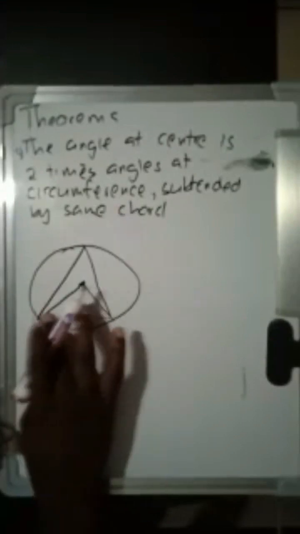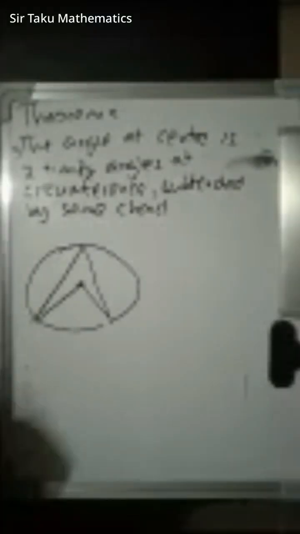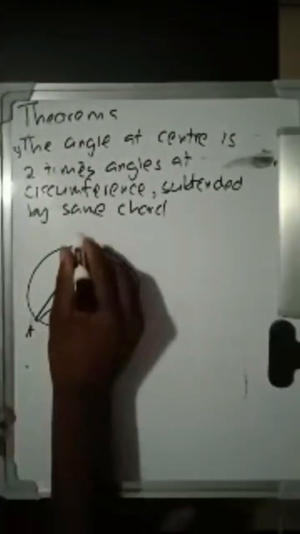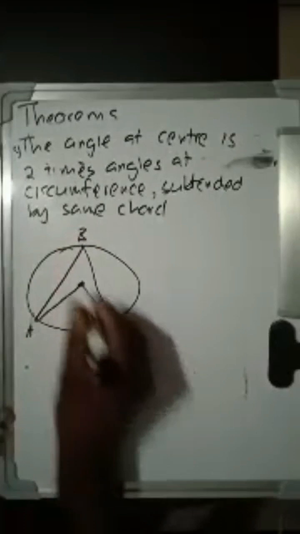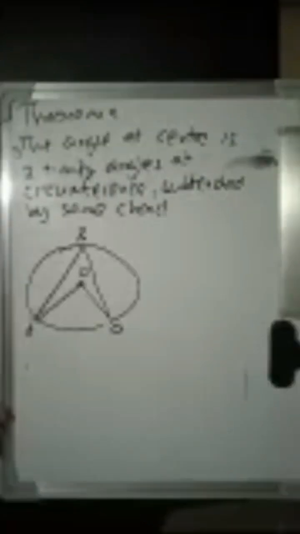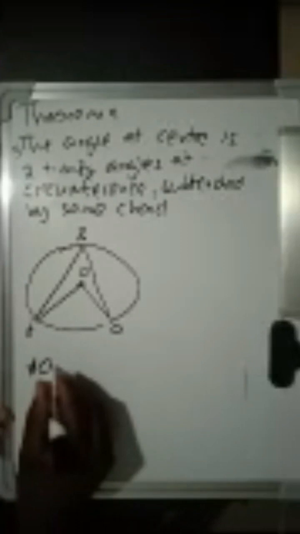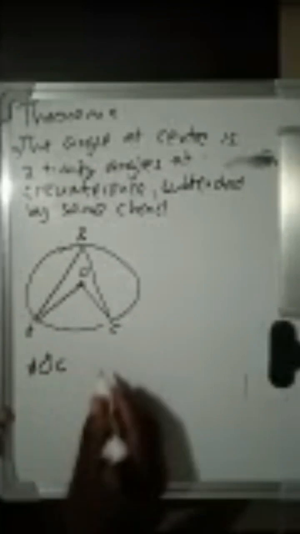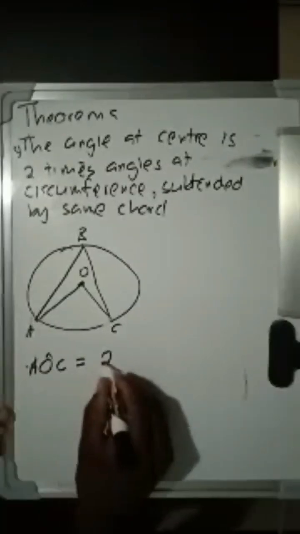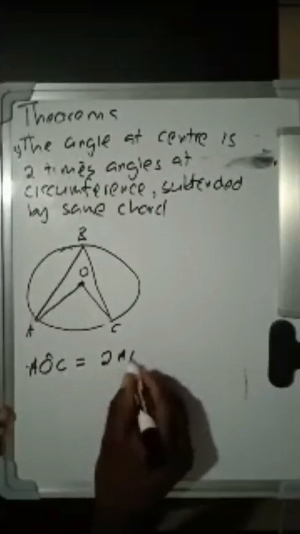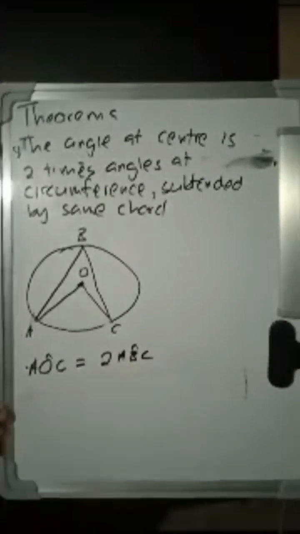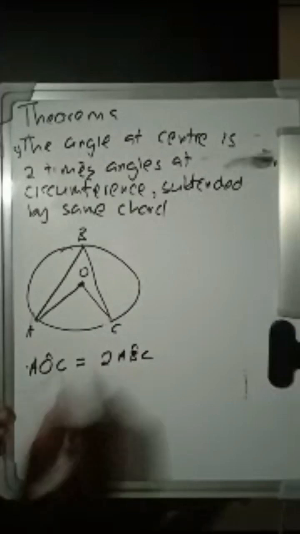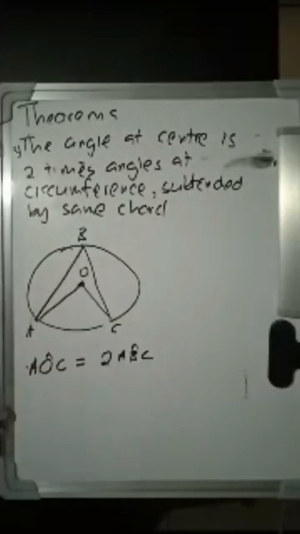If I name these angles A, B, C, then this one is O. It means that angle AOC is equal to 2 times angle ABC. So this one is twice that one. This one needs a proof, but we are going to do the proof later, not today.